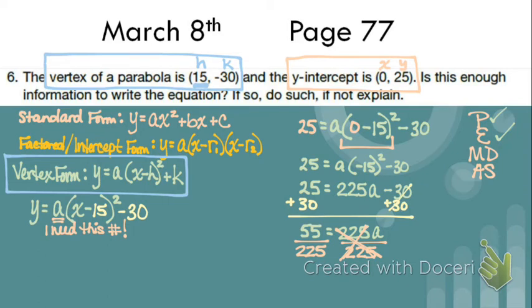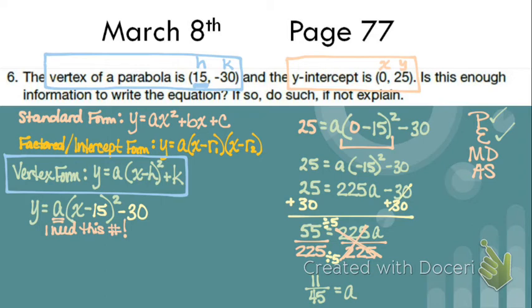What goes into both of those? 5 goes into both numbers. 11 over 45. That's my A value.